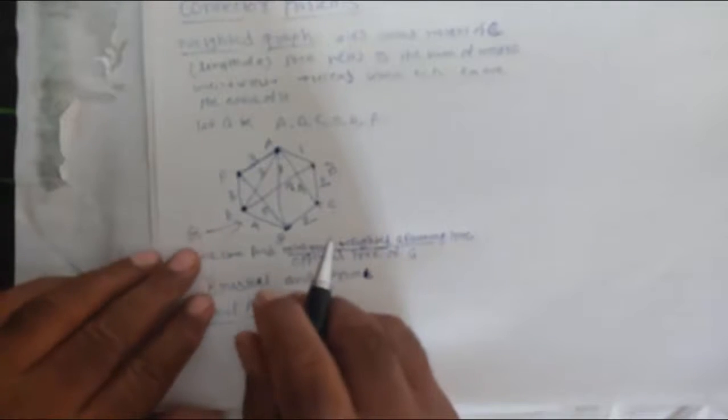Here these two edges, AD and AB, both have weight 1. Choose any one from these. This is not a loop.